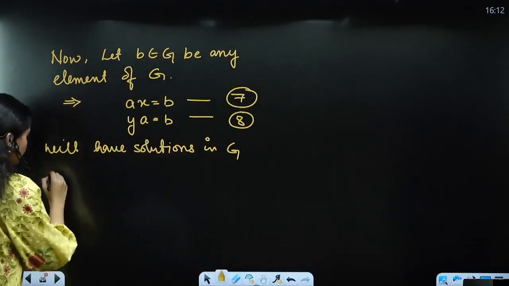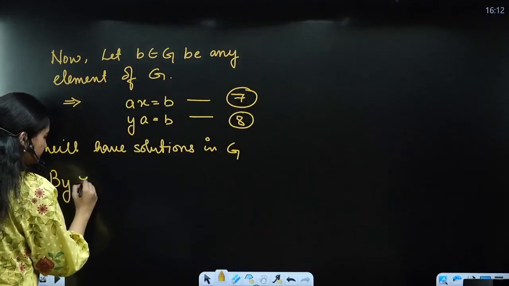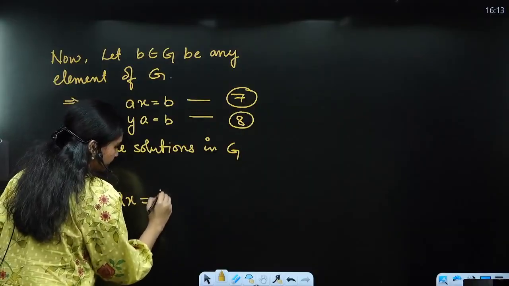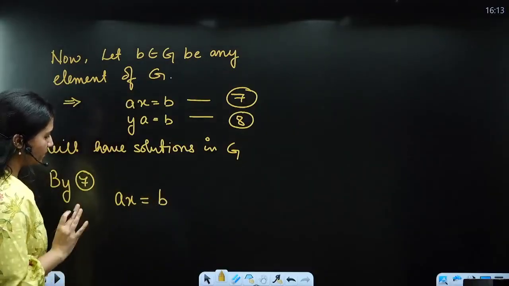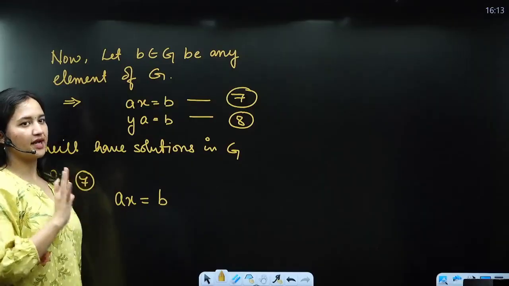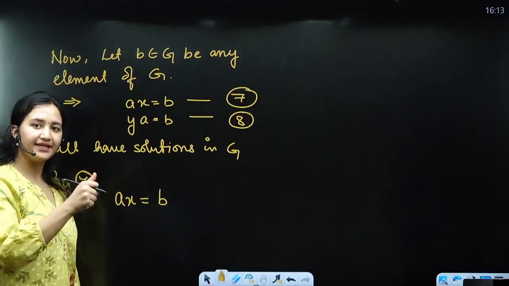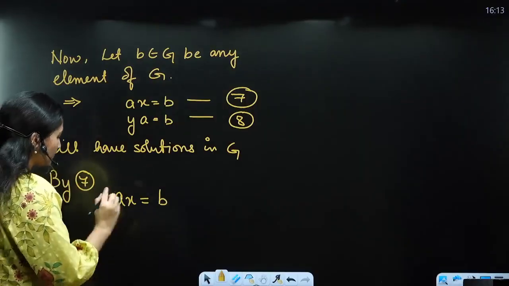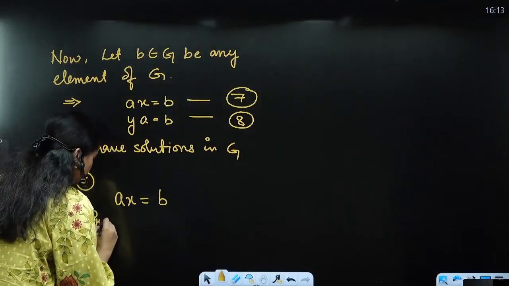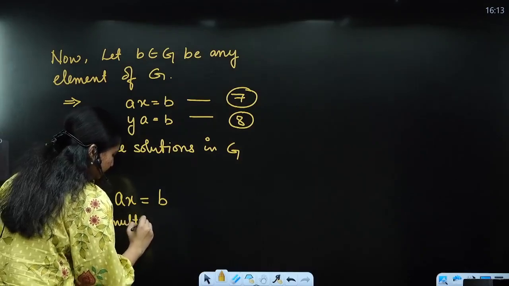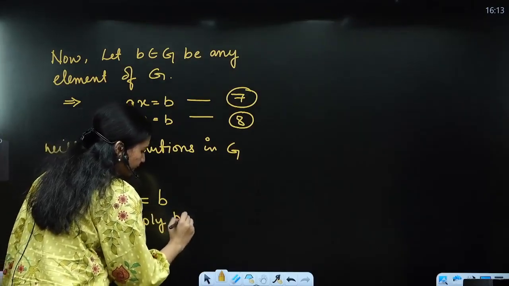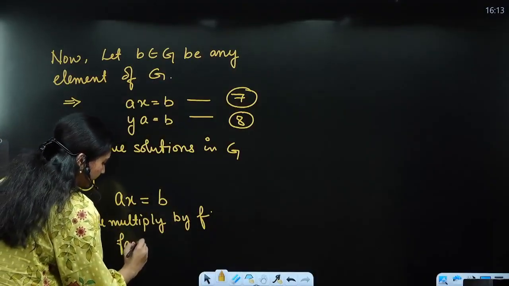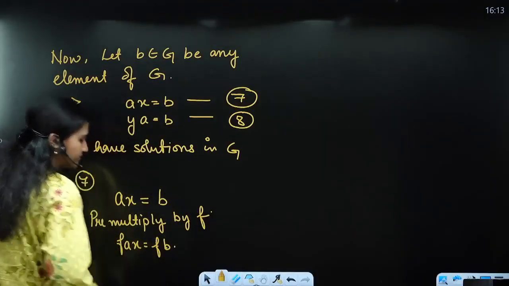Now by 7, pay attention in this step. What I'll be doing is I want to get a relation so that I am able to identify the identity element for this group, right? So for that I will pre-multiply by F and I can write it as FAX equals FB, right?